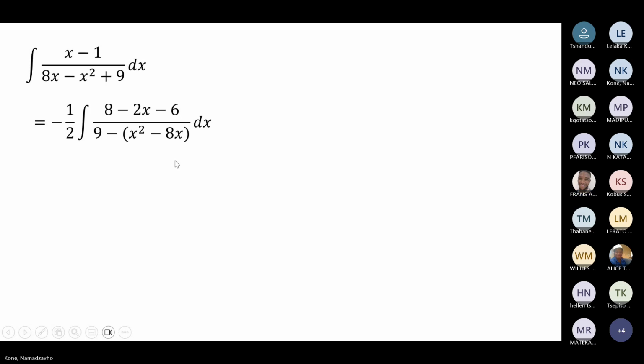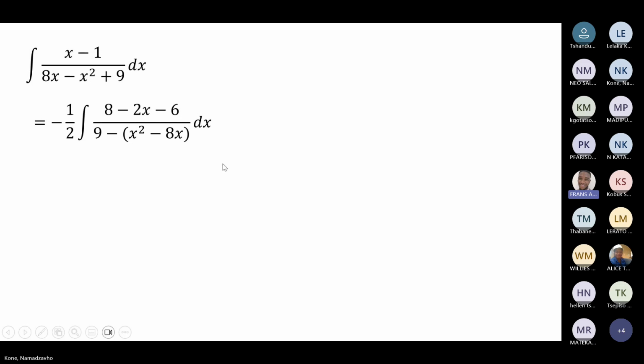Sir, if I may ask, is there a reason why we specifically took out that negative sign as a common factor for the x squared minus 8x in the denominator on your first step? Yes, because it looks a bit complex now with the negative on the outside and then that negative.